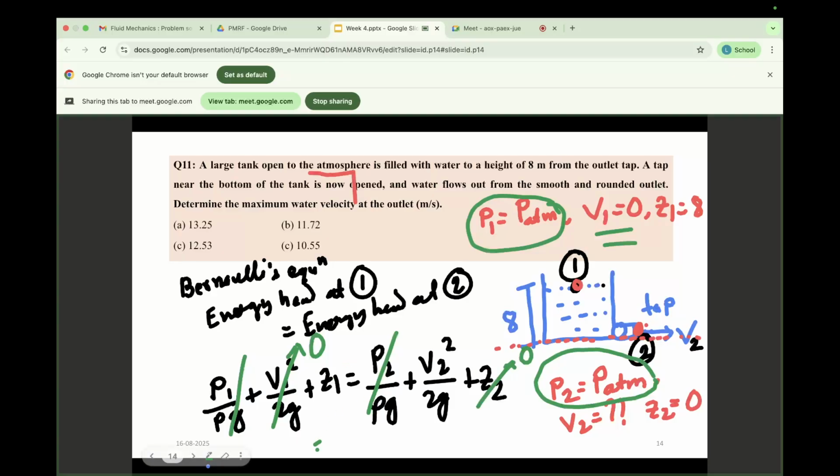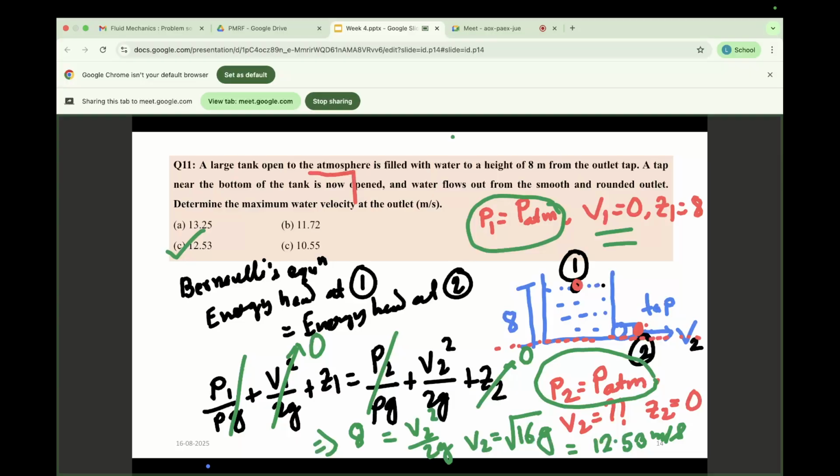So what I get, in place of Z1 I can write 8 equal to V2 square by 2g. Now you can calculate V2 equal to root of 16g. So you will get the answer 12.53 meter per second. So option C is correct.